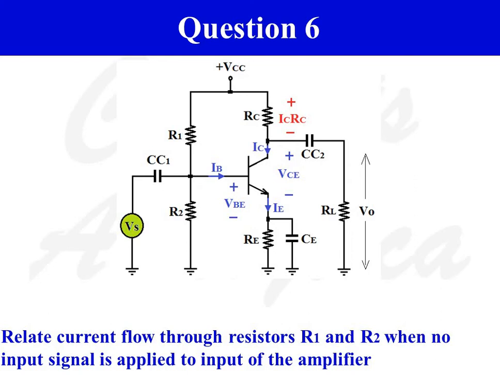Relate current flow through resistor R1 and resistor R2 when no input signal is applied to the input of the amplifier. When no input signal is applied or under DC conditions, current flow through resistance R1 is equal to 10 IB and current flow through resistance R2 is equal to 9 IB.